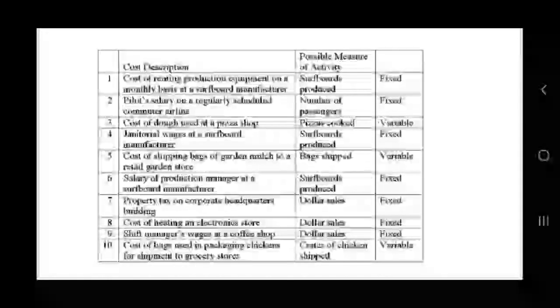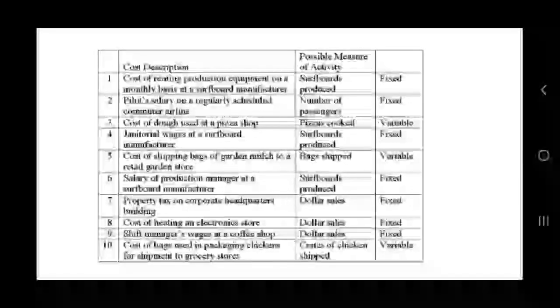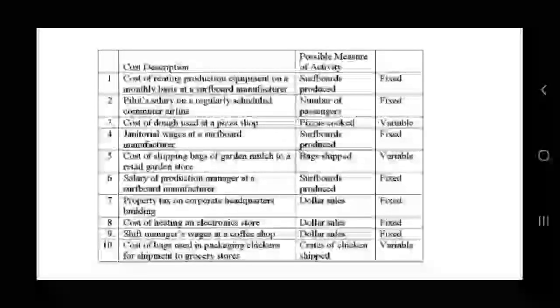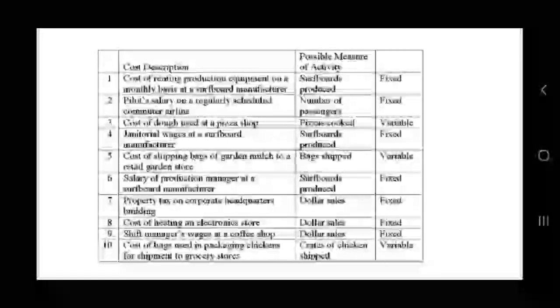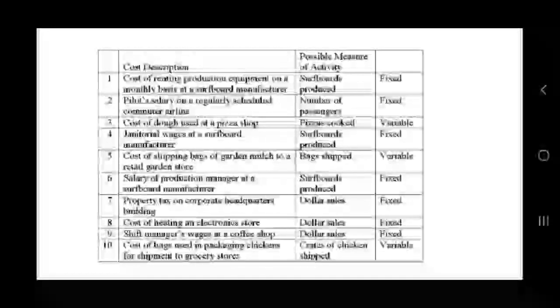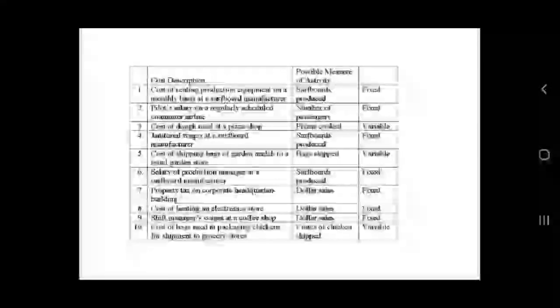The second thing is the variable cost. Variable cost is a cost that will change when activity or units of production are changing. The typical example of a variable cost is direct material cost. Let's say you produce a product. The direct material cost for the product is $2 per unit.